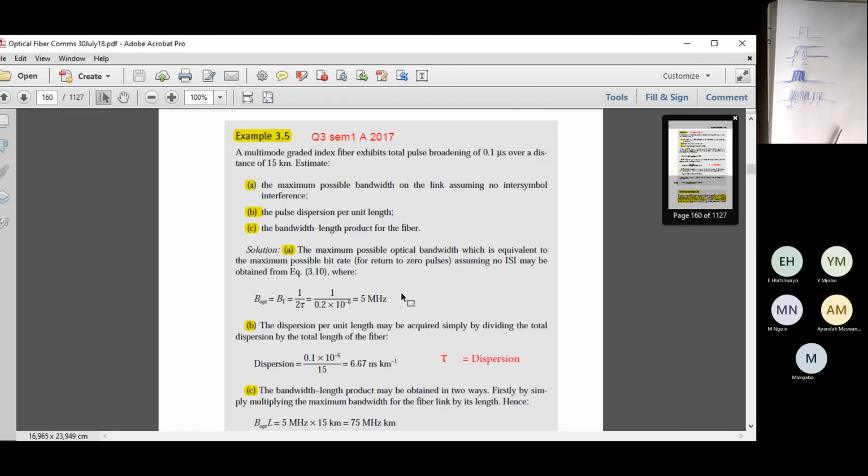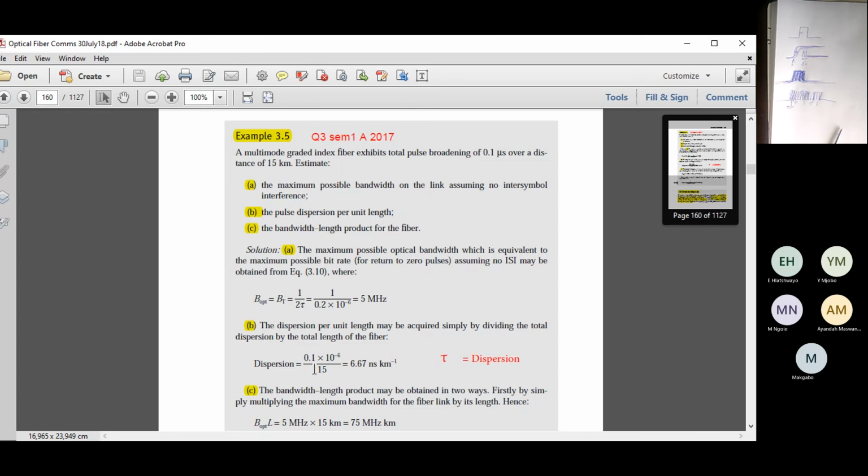That's your bandwidth. Your dispersion is like 1 over the bandwidth. It's in time. So it is that one over 15, because it's a 15 kilometer distance. So dispersion over 15 kilometers will be 6.6 nanoseconds per kilometer. If it was 100 kilometers, it would be like 1 nanosecond per kilometer.